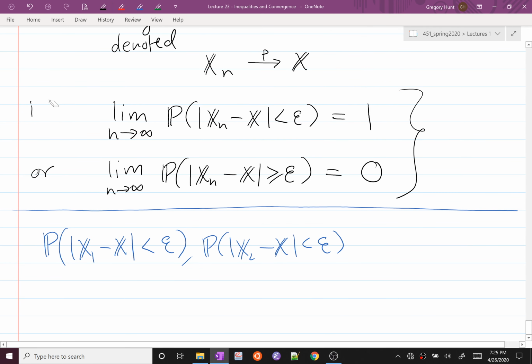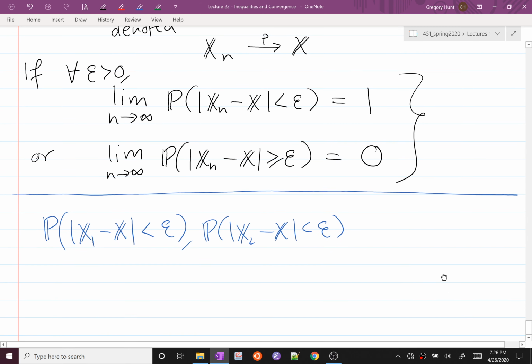I should specify in our definition that this holds for all positive epsilon, so you can pick epsilon however you want. For any positive epsilon, this limit is 1, or equivalently, the probability that |X_n - X| is bigger than epsilon goes to 0 in the limit. Epsilon is any positive number.